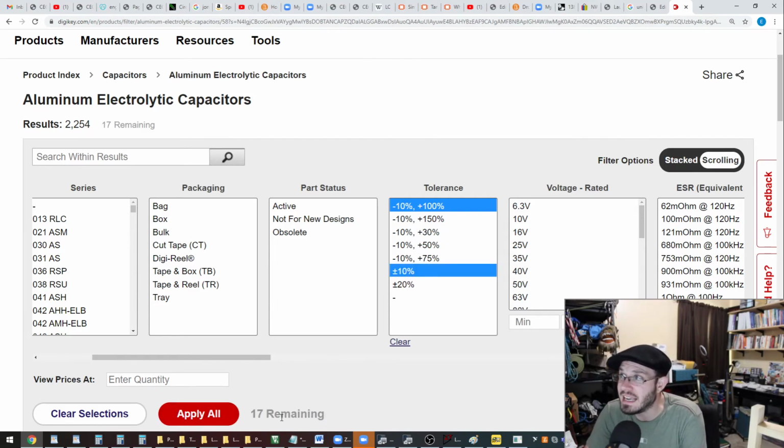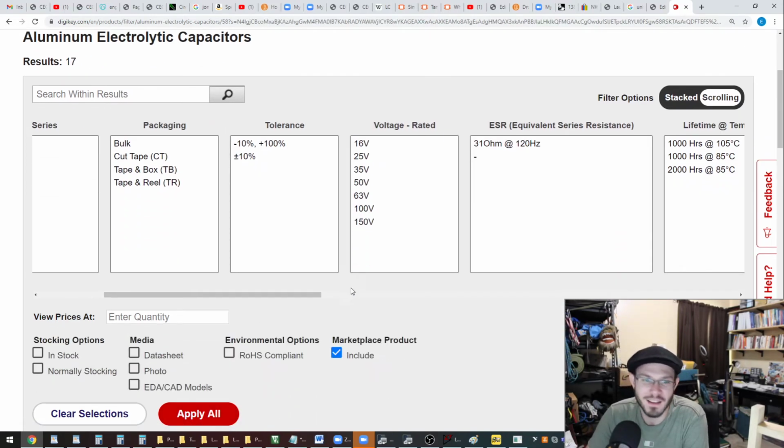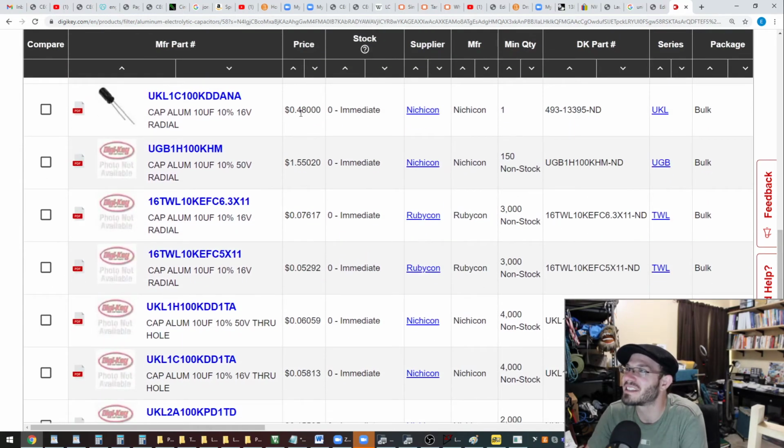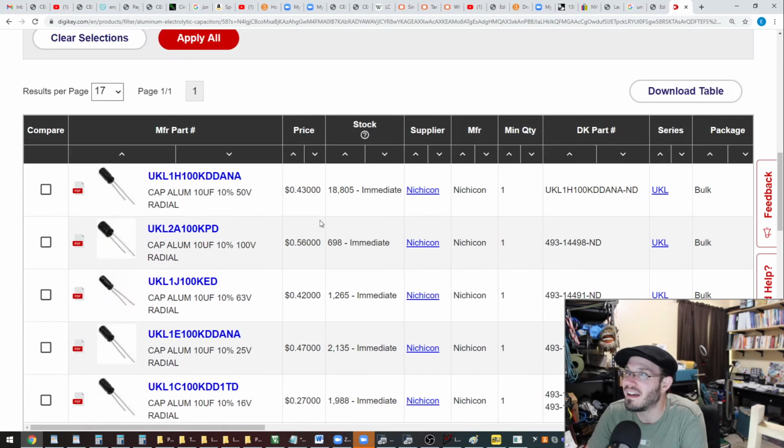There's only 17 out of those like 2,000 caps. Only 17 of them have that good of a tolerance. And let's see how much they cost. Yeah, 40 cents for a plus minus 10% little capacitor. I don't like paying that much for my caps. And there's only 17 of them.